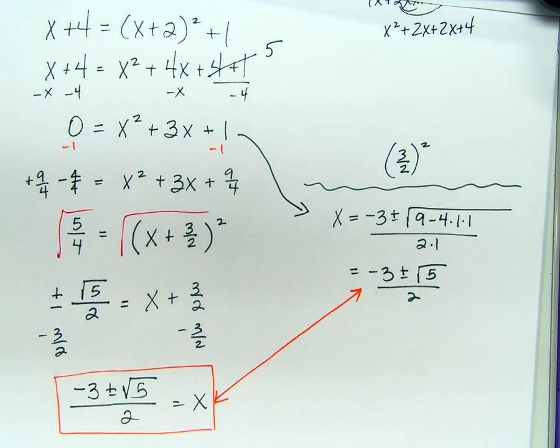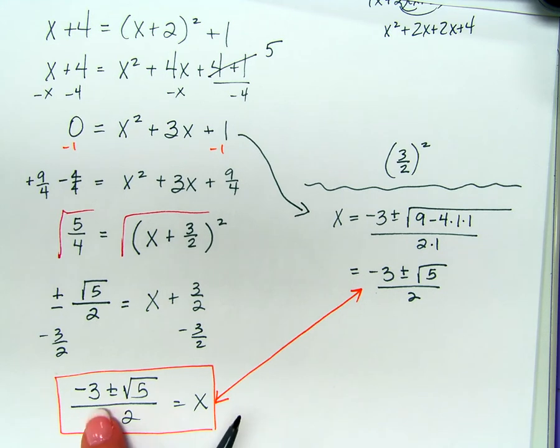Where's the solution to any system of equations? Where they cross. At a point, right? X equals blah, blah, blah. Is that a point? No. That's not a point, is it?